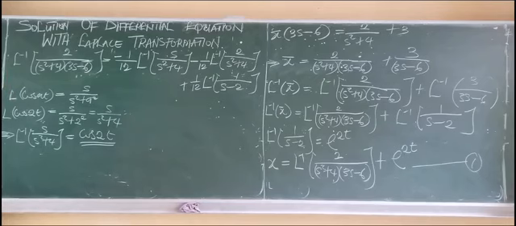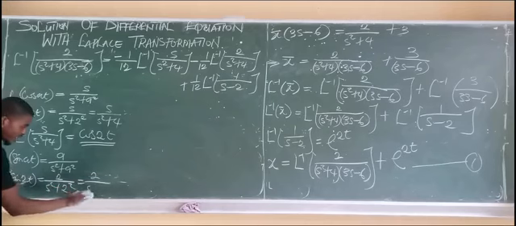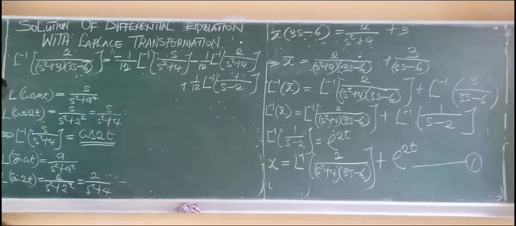Again, we talked about the Laplace of sine values. So Laplace of sine at, from the table of standard values, we said this is equal to a over s squared plus a squared. So which means if I'm asked to find the Laplace of sine 2t, this is actually what? a is now the number, which is 2 over s squared plus 2 squared, which is now what? 2 over s squared plus 4.